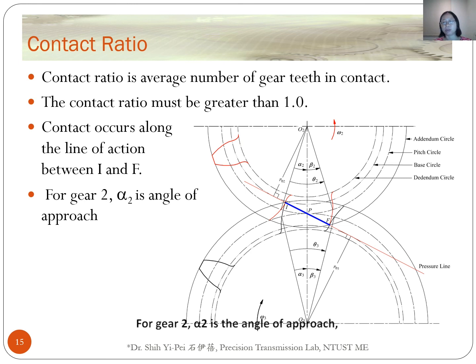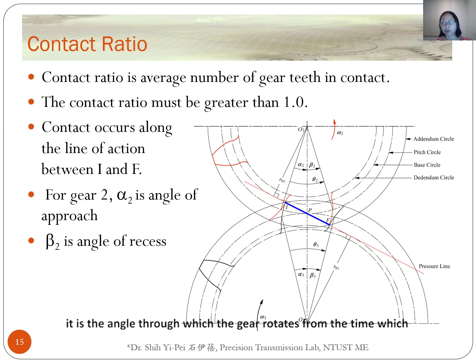For gear 2, alpha 2 is the angle of approach. It is the angle through which the gear rotates from the time of the first contact between a pair of the teeth, and the time which the contact point reaches the pitch point P. Beta 2 is the angle of recess.